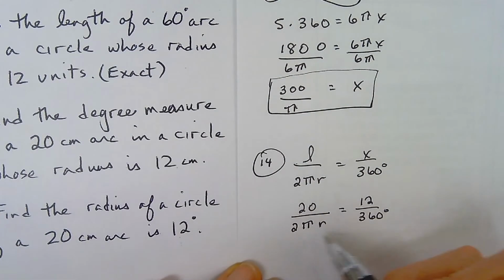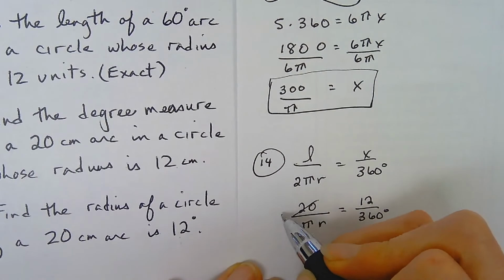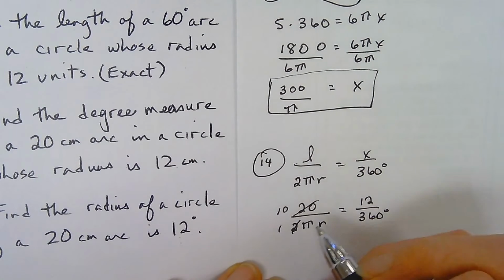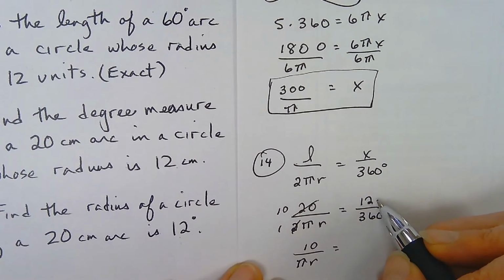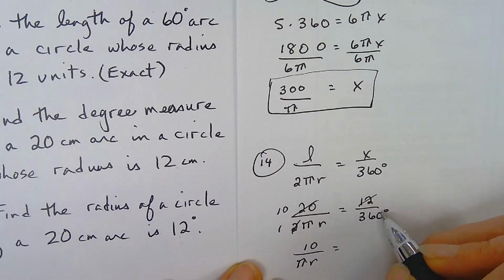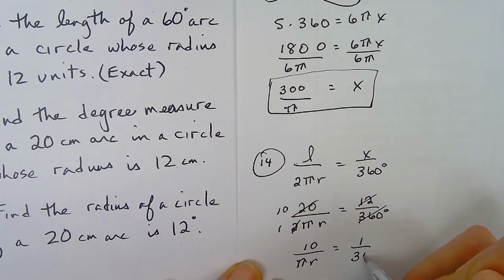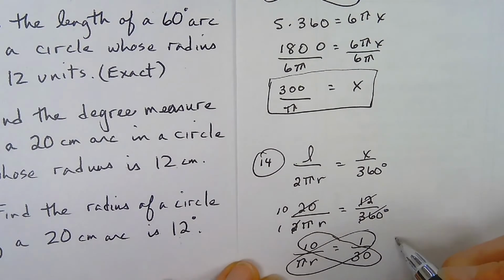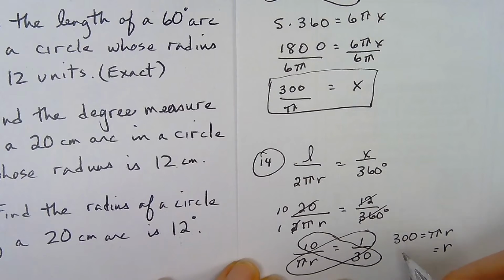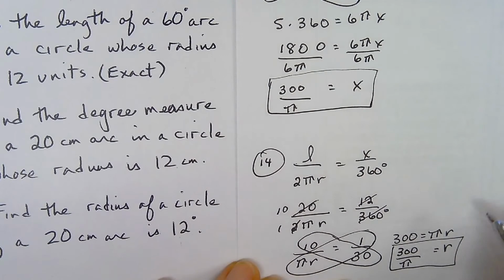So I can simplify here before I cross multiply. This would be 10, this would be 1. I get 10 over pi times r equals, and I can simplify this side too. 12 goes into this once, 12 goes into this 30 times. Cross multiplying to solve gives 300 equals pi times r. So r is going to be equal to 300 divided by pi. And that's the exact, and it turns out it's the same answer as we got for 13. And then you can simplify that with your calculator.